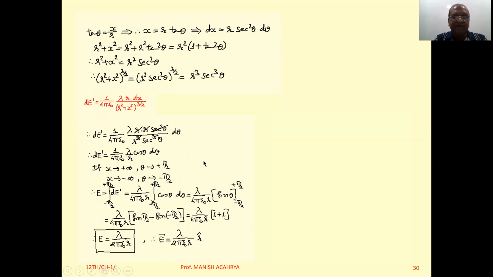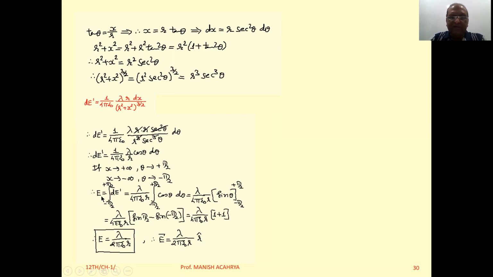It implies that now, if x tends to plus infinity, theta tends to plus pi by 2. X tends to minus infinity, theta tends to minus pi by 2. So the integration of this equation we have to carry out between minus pi by 2 to plus pi by 2.